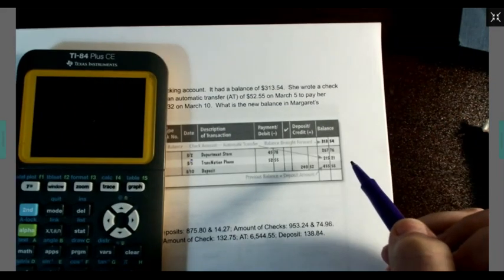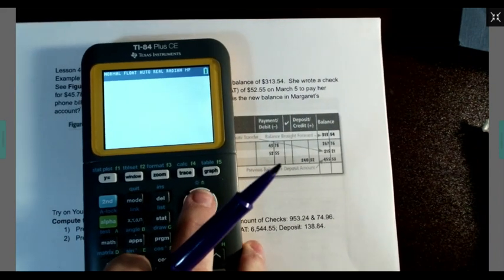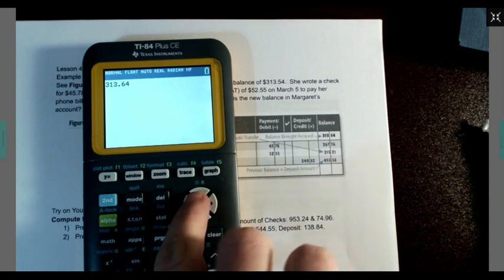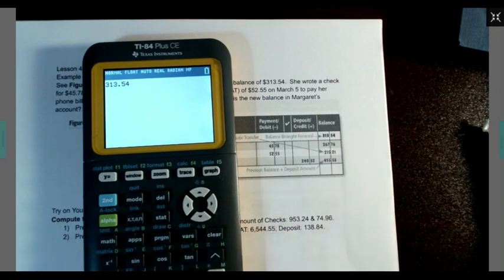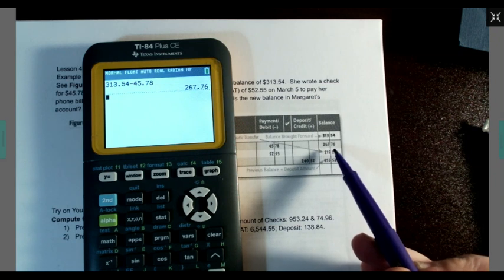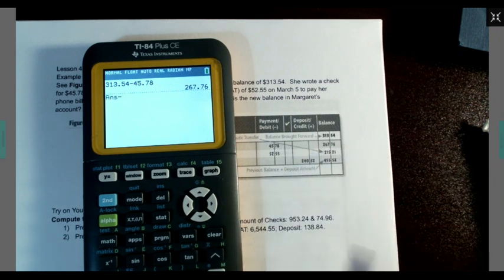So I just want to take a look. We're basically keeping a running balance. So we're going to start with that 313.54, and we're going to subtract 45.78. That gave them the 267.76. Then now we're going to subtract again 52.55.